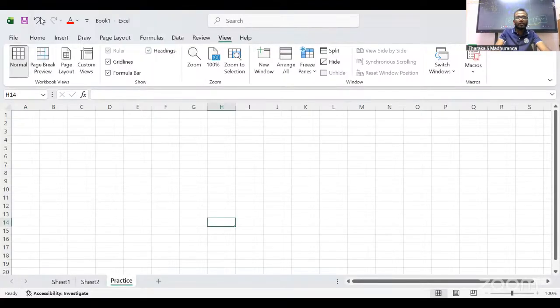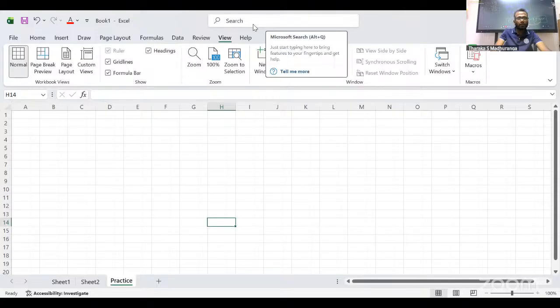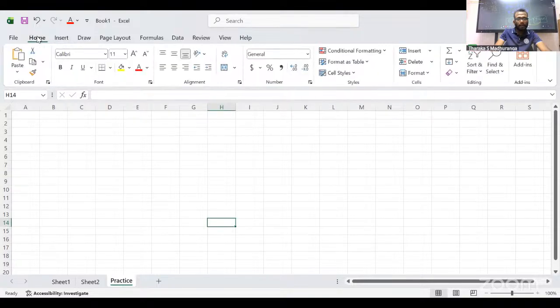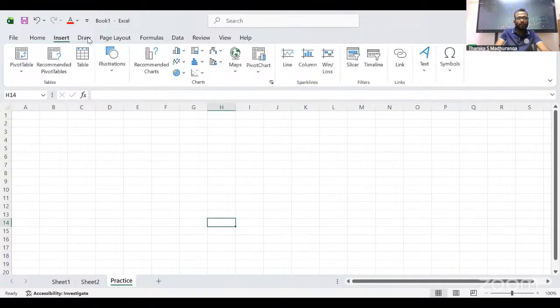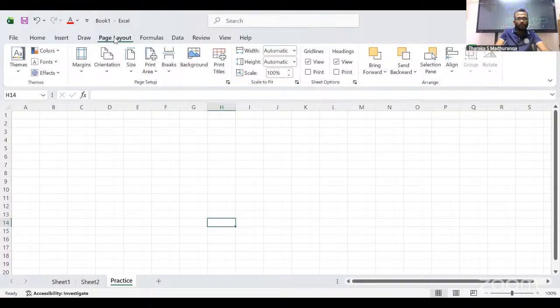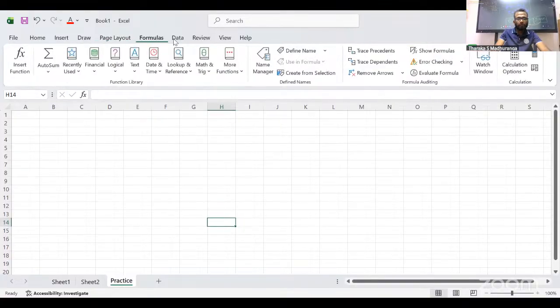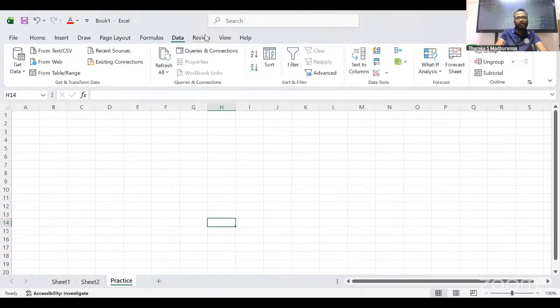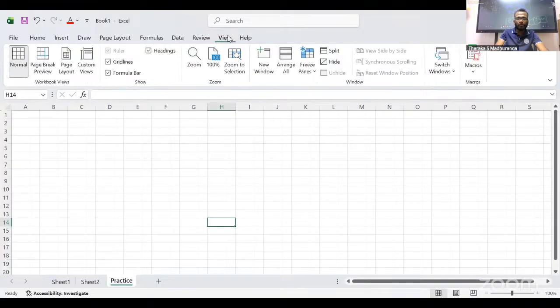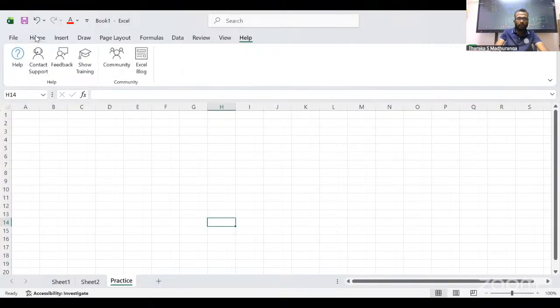And this is the ribbon, right? This part is called the ribbon, right? The upper part. The search bar is also in the ribbon. This part is the ribbon, and those are the tabs. Home tab, insert tab, draw tab, page layout tab, formulas tab, data tab, review tab, view tab, help tab, right?